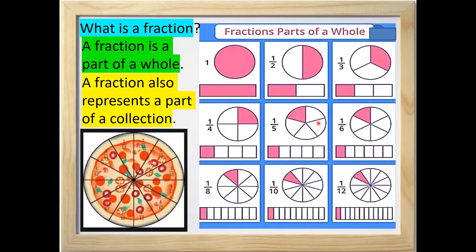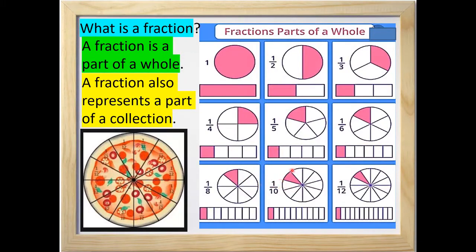In this, the roti is divided into 5 equal parts, so each part is represented by 1/5. And here the roti is divided into 6 equal parts, so each part is represented by 1/6. In this, the roti is divided into 8 equal parts, and each part is represented by 1/8.